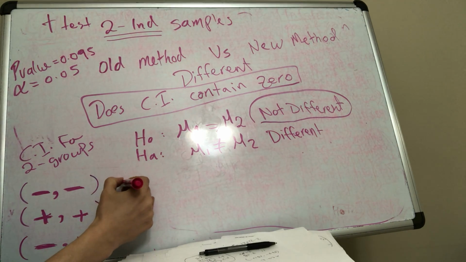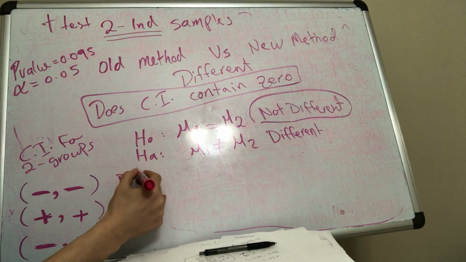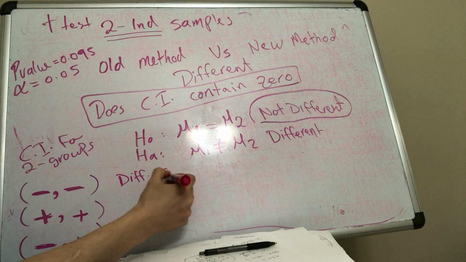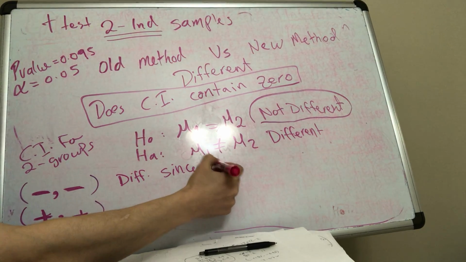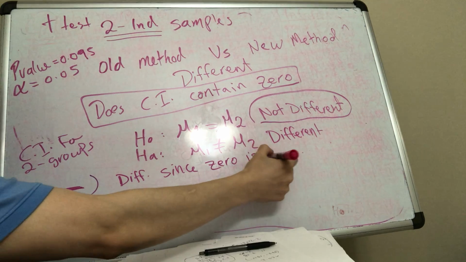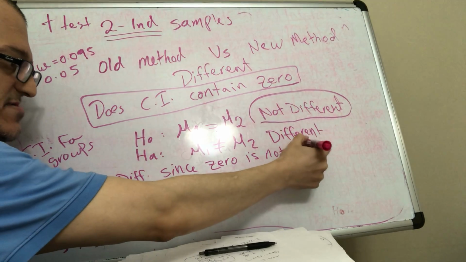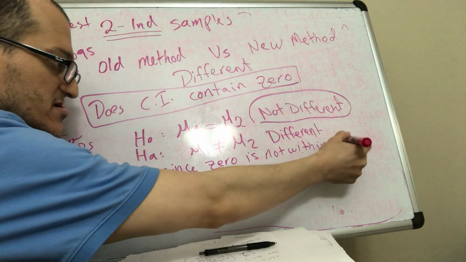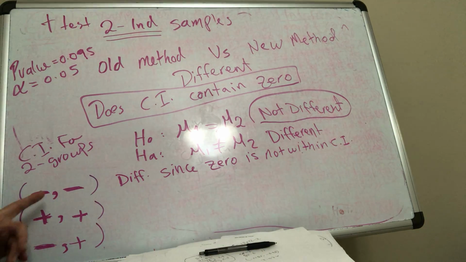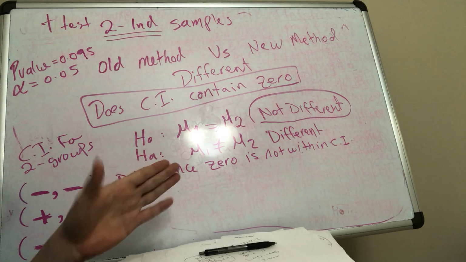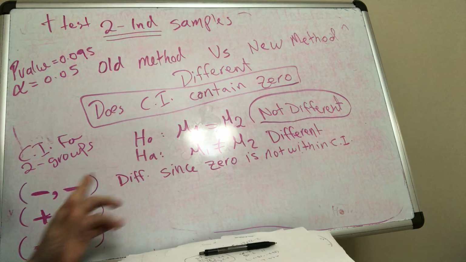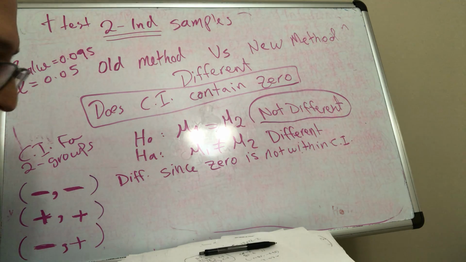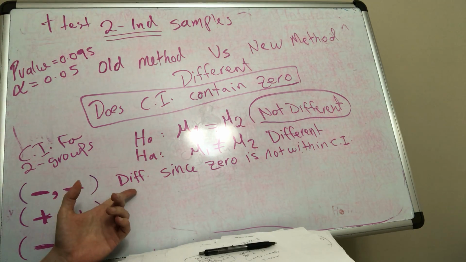Negative, negative means they are different, since 0 is not within the confidence interval. When you have two negative numbers, you're not going through the 0. 0 is not between two negative numbers. In this case, the groups are different.